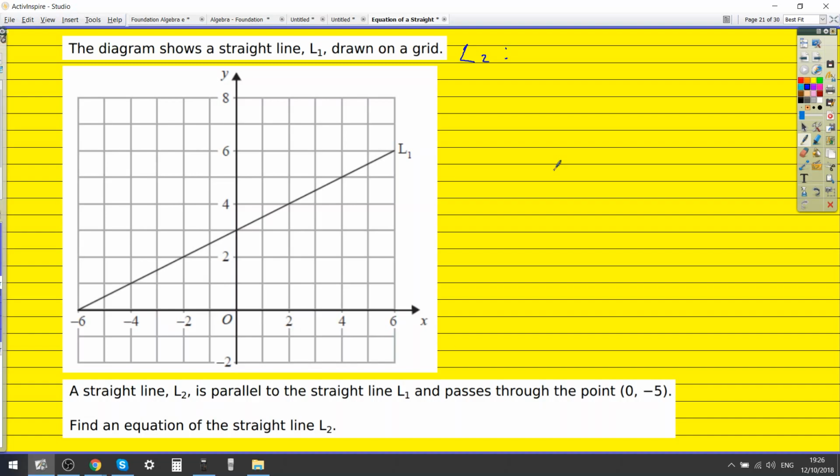Okay. Anything else? What will your answer look like in general? It says it's a straight line and we have to find its equation.